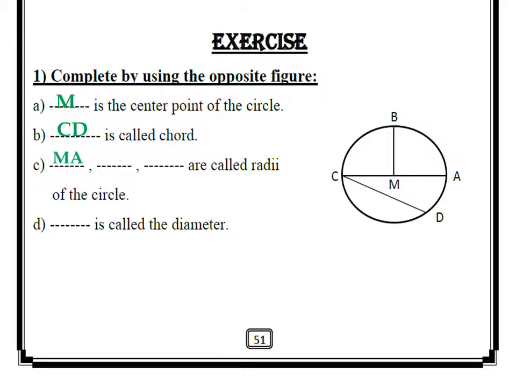So here we have MA, MB, and MC, 3 drawn radii in the circle. Okay, what is called the diameter? Here I have AC called diameter, or CA. So it could be diameter or longest chord.